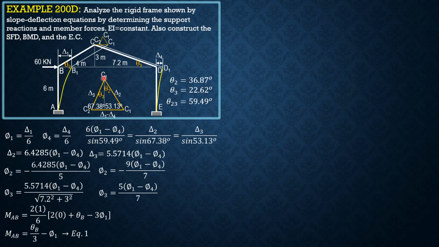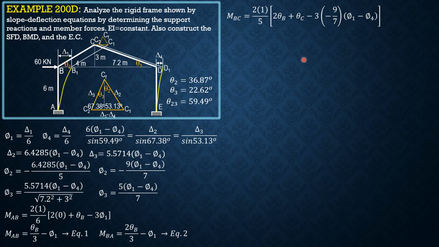Then MBA, because it is B that is doubled, so 2/3 of theta B minus P sub 1, equation 2. MBC is 2/3 of 1 over L5, quantity 2 theta B plus theta C minus 3 times P sub 2, which is negative 9 over 7, quantity P1 minus P sub 4. There's no fixed moment, there's no load.